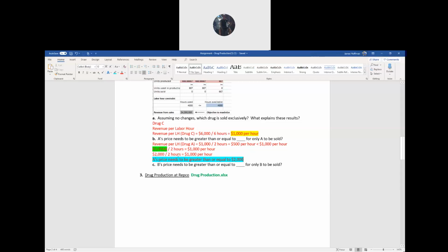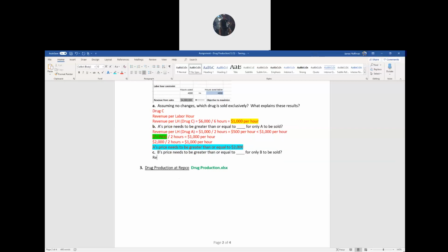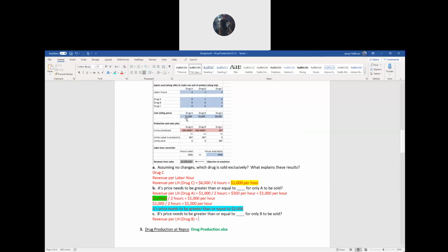All right, for drug B, let's do the same analysis. We'll first get the revenue per labor hour currently for drug B. That is its price, which is 3,000.